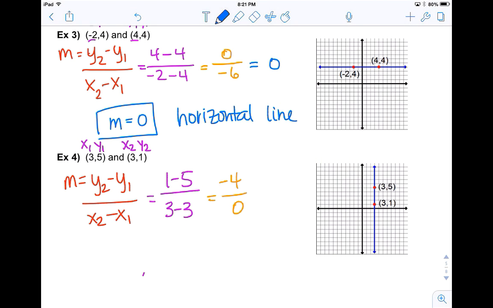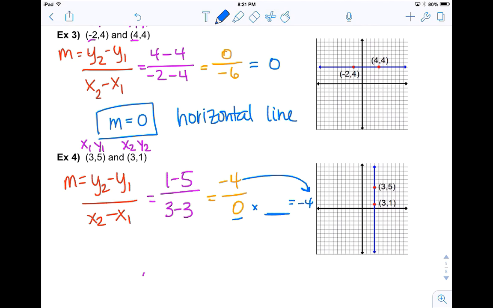Alright, I'm sure y'all have heard this before, but it is impossible to divide by 0. And the reason is, when we're dividing by a number, we're looking for 0 times what number is going to equal our numerator, -4. 0 times any number is going to be 0.